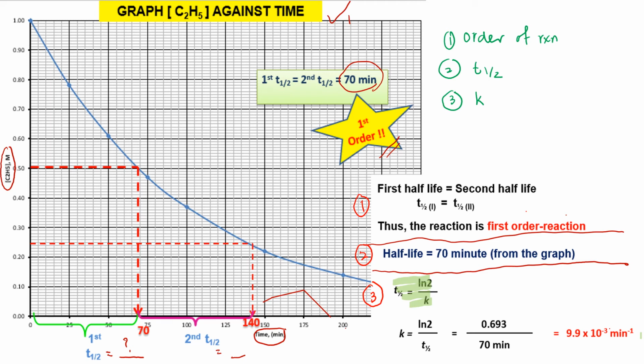The T half is 70 minutes. Then rearrange until you get the answer. Even though I already put everything here in this video, I still want you to draw the graph as practice on a graph paper.